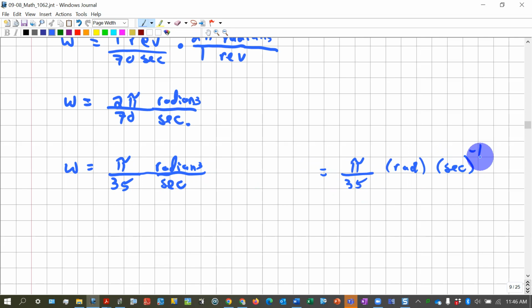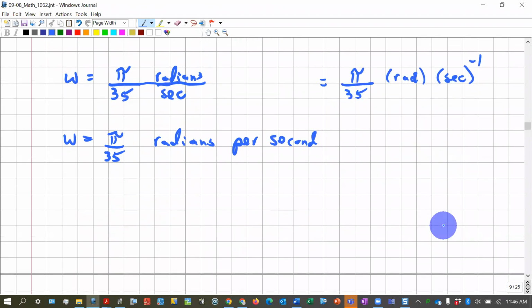So you could write pi over 35 radians per second. Of course, that's the exact answer.